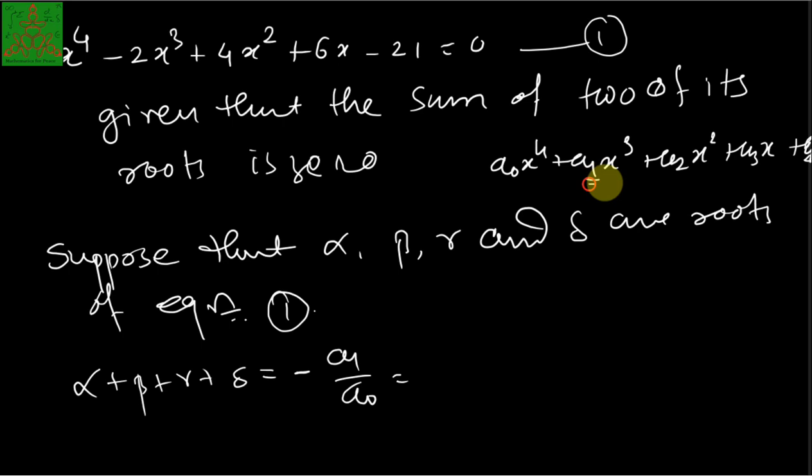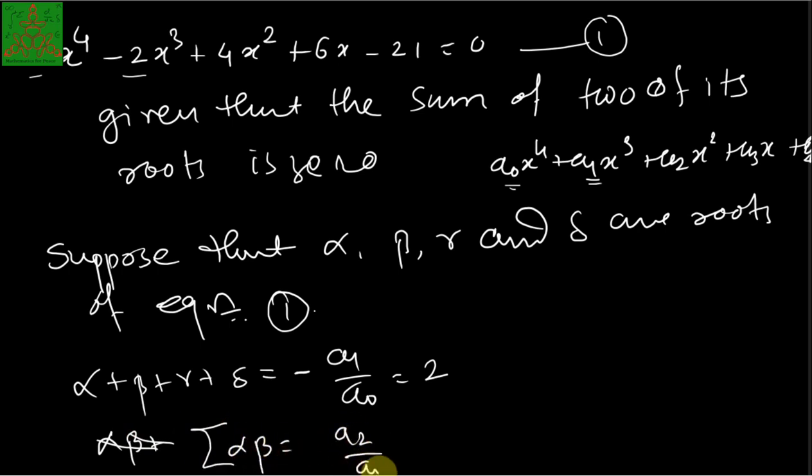Here a1 is minus 2 and a0 is 1, so it is 2. The second is the summation of alpha beta over all possible pairs of two roots, which is a2 upon a0. a2 is 4 and a0 is 1, so it is 4.